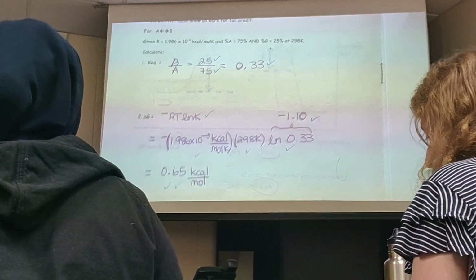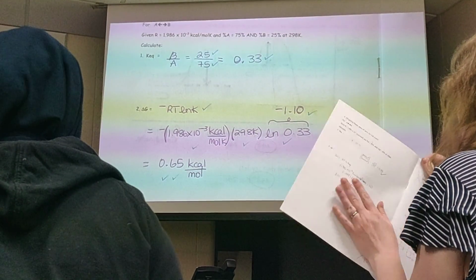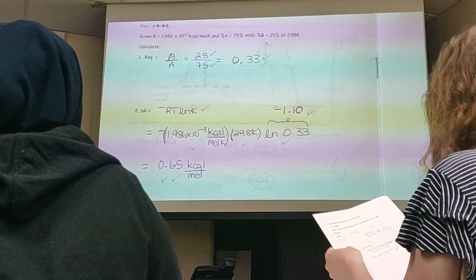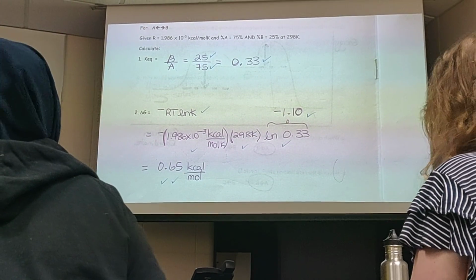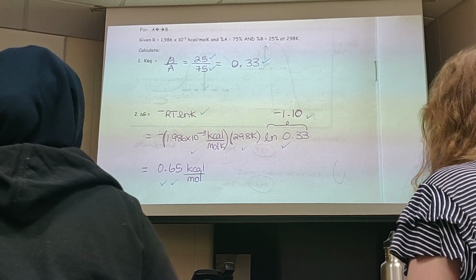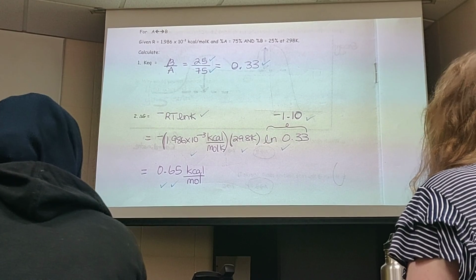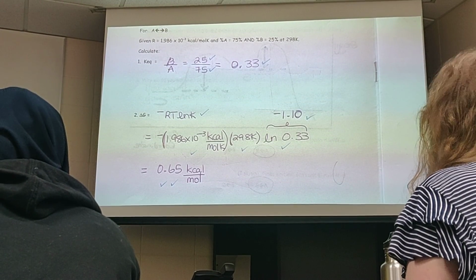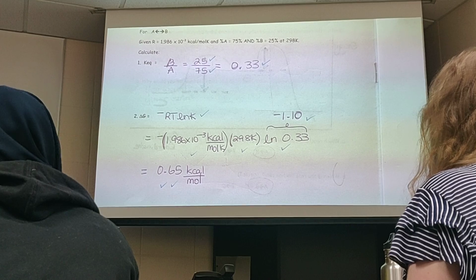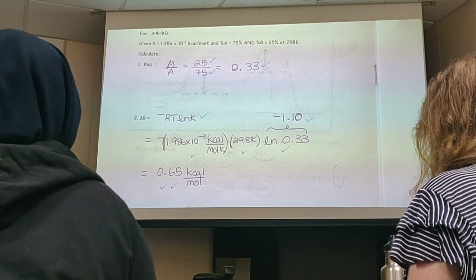Oh, okay, your delta G is equal to negative RT natural log of the equilibrium constant. Remember, your equilibrium constant is the ratio of products over reactants.